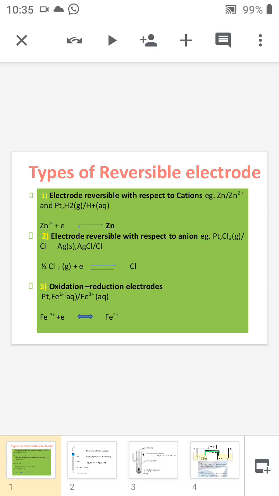The next category is the electrode reversible with respect to anion. Here the example is the silver electrode. In the previous case, that is the electrode reversible with respect to cation, the electrode is in the elemental state, that means the zinc electrode is dipped in its salt solution.